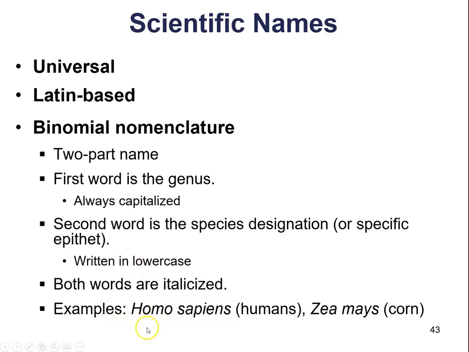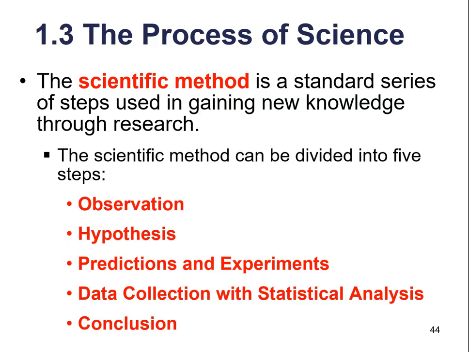The whole name is in italics. Okay. Corn, Zea mays. Again, you can see the same thing there. Again, genus and species. So I could, on the exam, put a scientific name up there and ask which one is the genus and which one is the species, right? So we should be able to point that out.